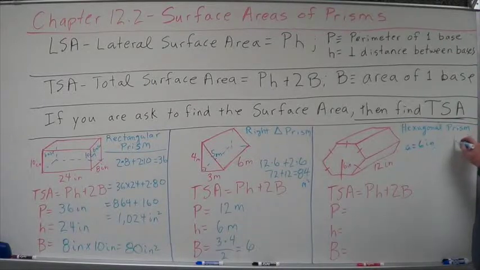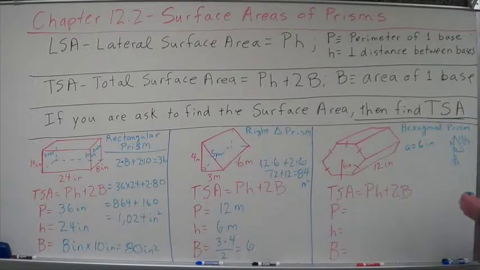I'm going to take one of those triangles like this, where this is 6. This is going to be 6 divided by the square root of 3, and this is going to be 12 divided by the square root of 3. Why? Because that's a 30, 60, 90.